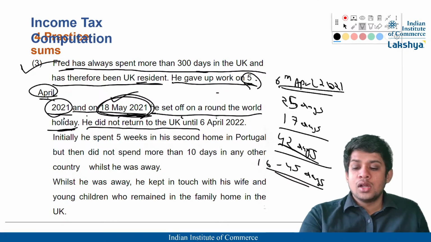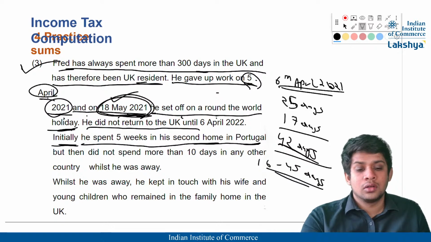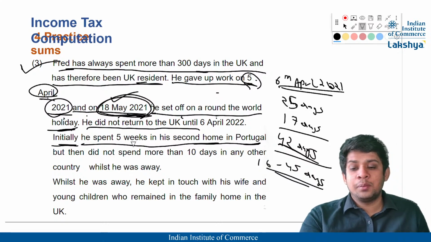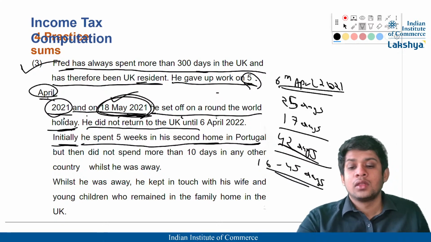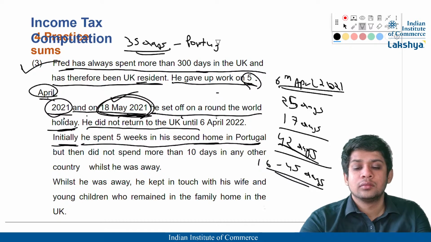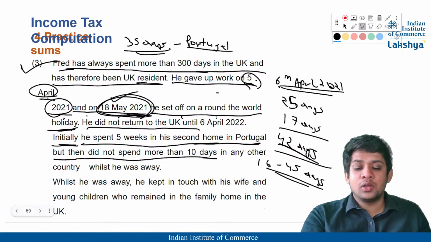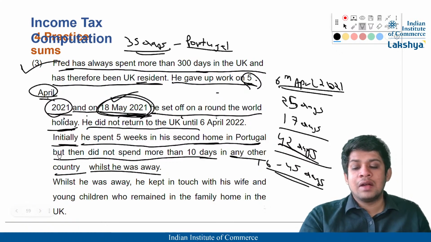Now, initially he spent 5 weeks in his second home in Portugal. So 5 weeks in Portugal means 35 days he stayed in Portugal. But then he did not spend more than 10 days in any other country whilst he was away.